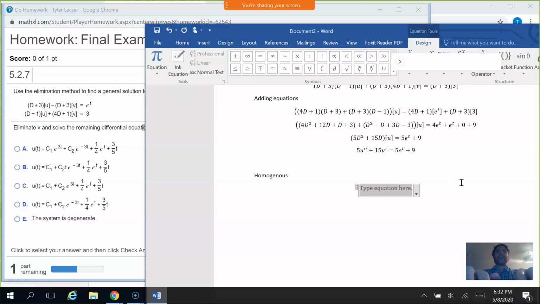That's going to be looking at the auxiliary equation, 5r squared plus 15r is equal to 0. If you divide everything by 5 and factor a little bit, you're going to get r times r plus 3 is equal to 0, which gives us two solutions. r is 0 or r is negative 3.